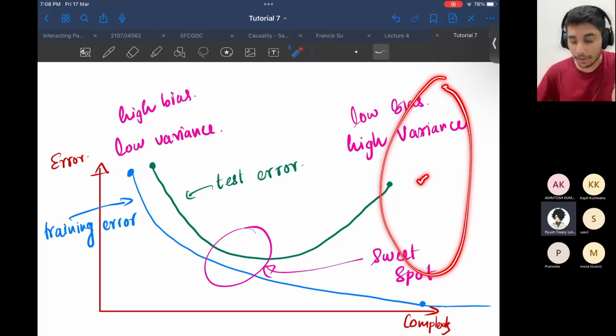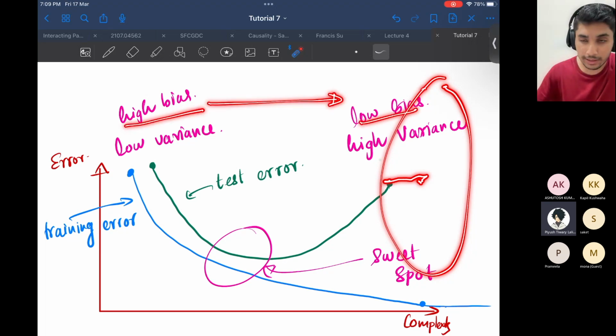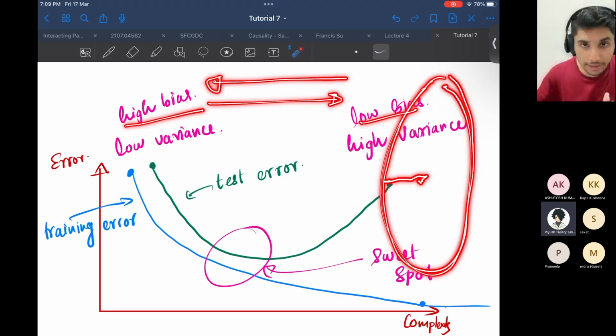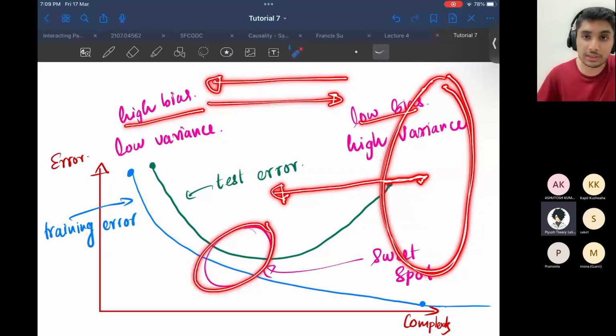As we said, this is low bias, this is high bias. If you want to lower your bias, this is the direction you travel; if you want to increase your bias, it is the opposite direction. So from this high variance region, keep increasing the bias of your model and you will keep moving to the left side of this graph, and eventually you should come up to this region, which is your sweet spot.